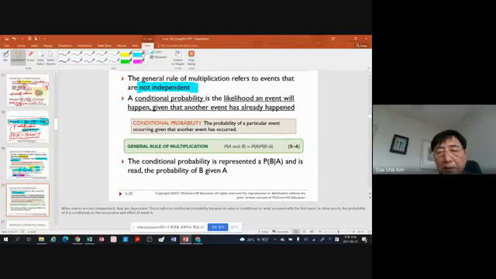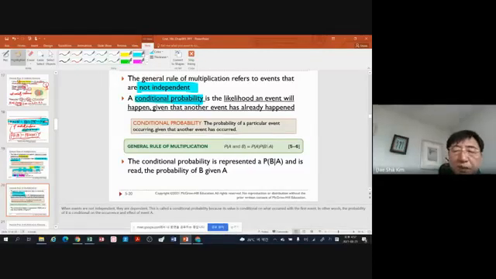Not independent means A happened and B is affected by the result of A, or A is affected by the result of B. There is some relationship. In this case, we use a new terminology, conditional probability. Conditional probability is the likelihood an event will happen given that another event has already happened.